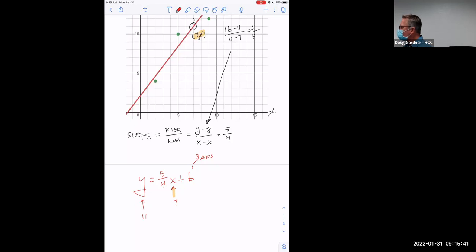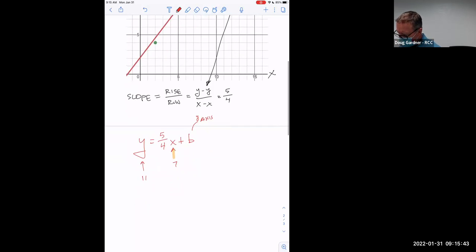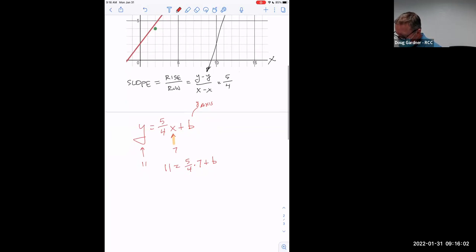Like that has to work in that equation. So let's see, that would be 5/4 times 7. So there's only one unknown in that, and so I can solve. Now the graph told me it was around 2. Let's see if that actually happens.